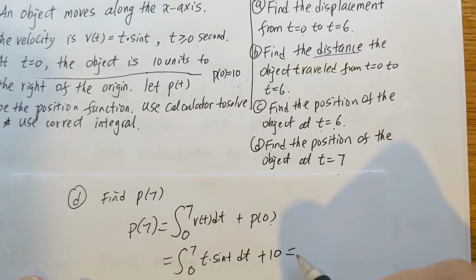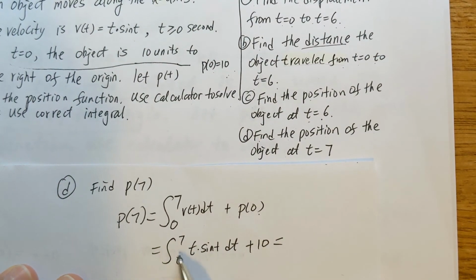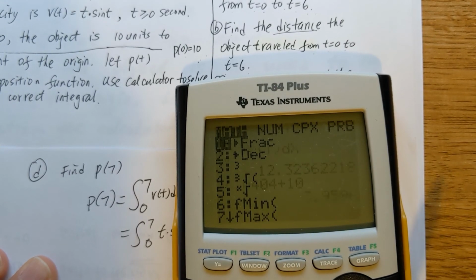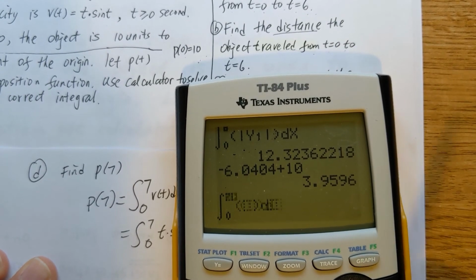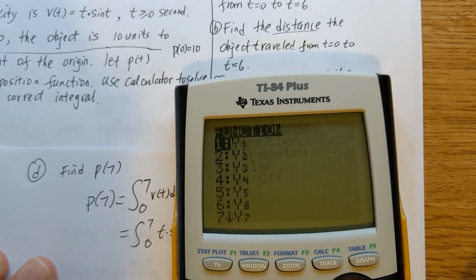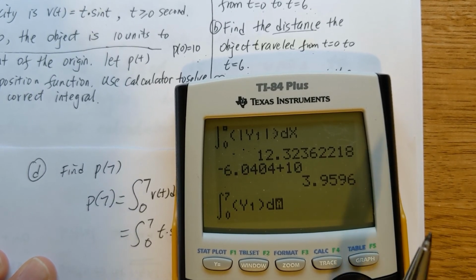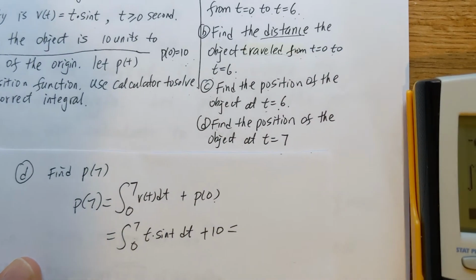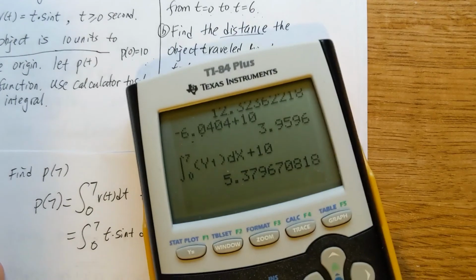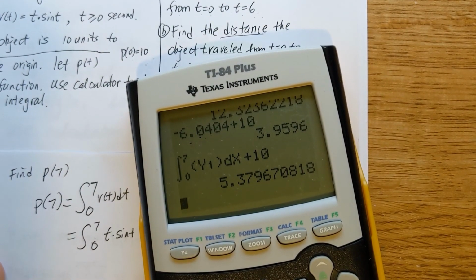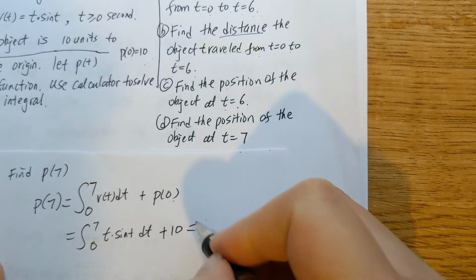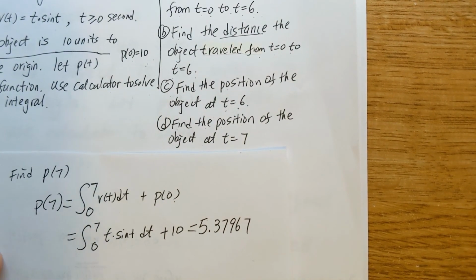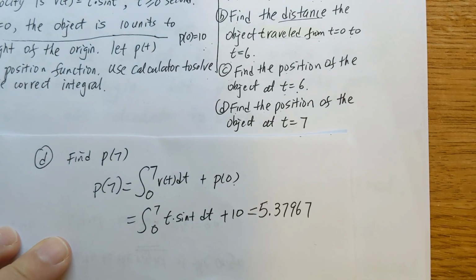So we are going to get this part in a calculator. So we're going to go math 9, 0 to 7, and then plus 10 together. So our final answer is going to be 5.37967. If you want to round it, you can round it. So we finished our part D.